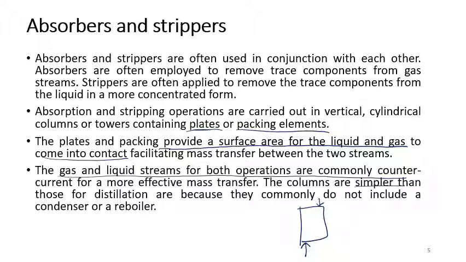Not necessarily this is the only correct way, but this is what has been commonly practiced. And absorption and stripping columns are also much simpler than distillation, because in absorption and stripping, you don't use a condenser or a reboiler, because these use a mass separating agent. We don't have any energy separating agent.